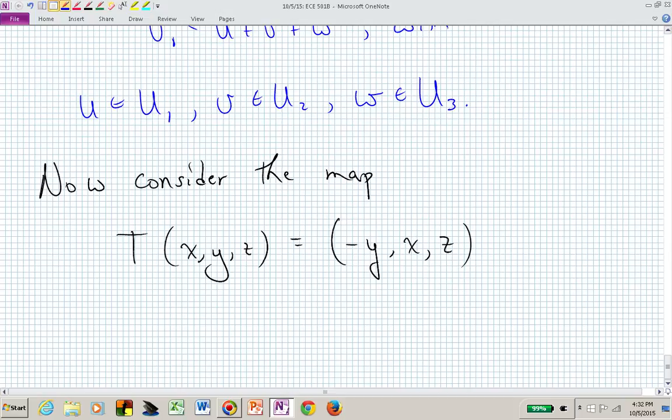What kind of a linear map is that? So now you might start building something up with your hands. You have an x, a y, and a z, and what's happening? The x coordinate now becomes the y coordinate. The y coordinate now becomes the minus x coordinate, and z stays.